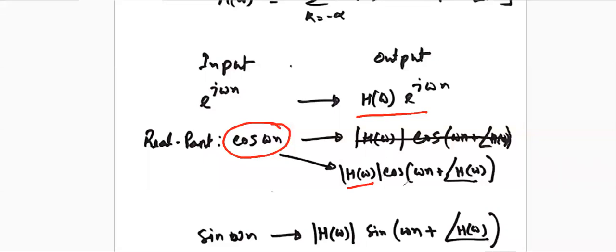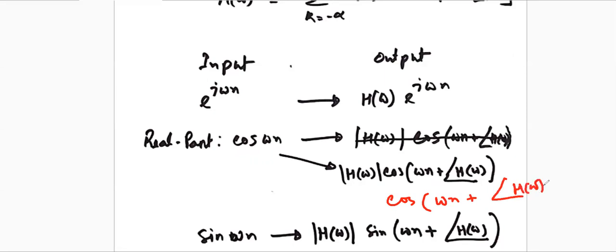That's why we are not mentioning anything. And then for the input signal cos, of course, the phase will be shifted according to the phase of your impulse response. That's why the phase omega n, which was there previously, plus the phase of H(omega) for a particular case. So we have cos of the previous phase, and now the phase of H(omega) will be added together. So the phase components are reflected here.